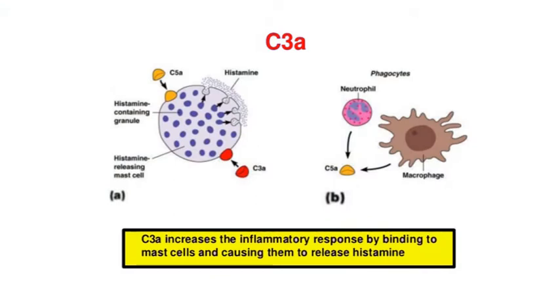For example, complement split products like C3a and C4a can act as anaphylatoxins, causing mast cell degranulation and leading to vasodilation and extravasation of neutrophils and lymphocytes in the tissue from the blood.